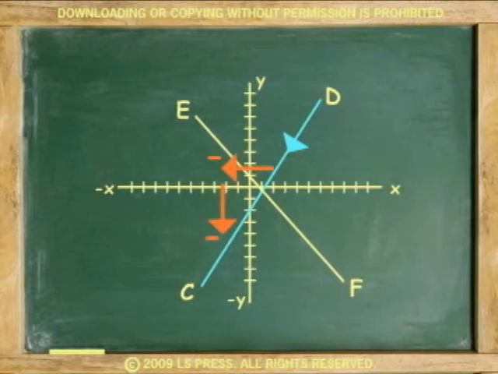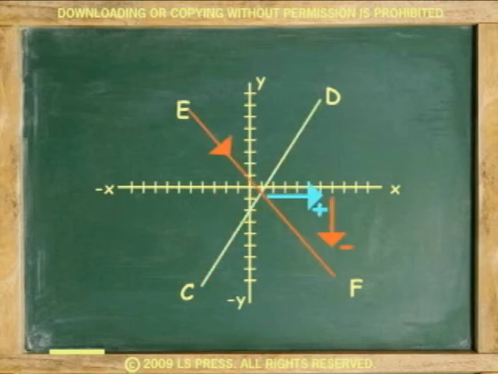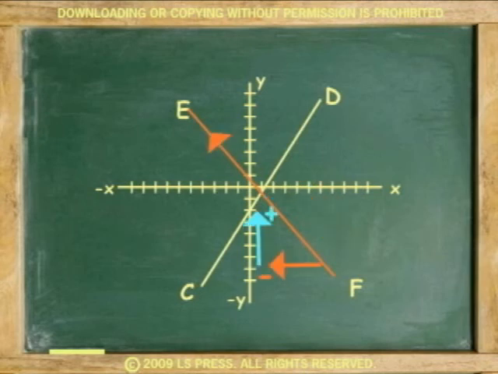Therefore, the slope shows again that it is positive. If you try the same approach with line EF, the x and y changes from E to F will be positive, negative, and from F to E, negative, positive. Thus, in both instances, the slope will be negative.